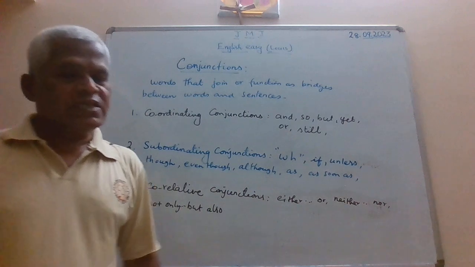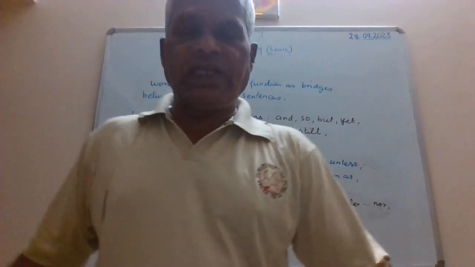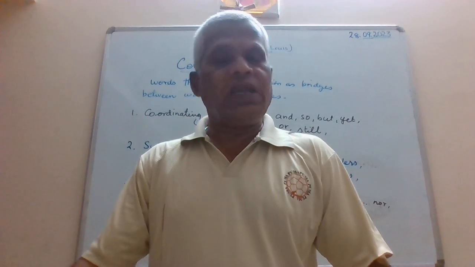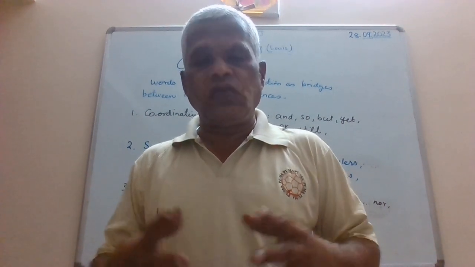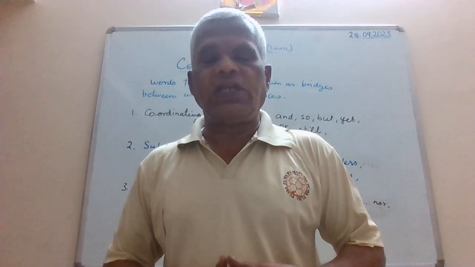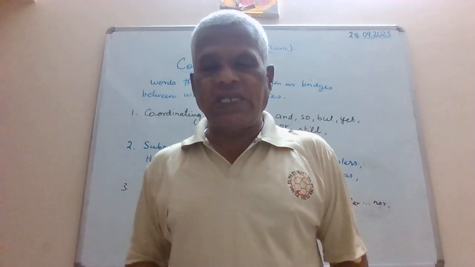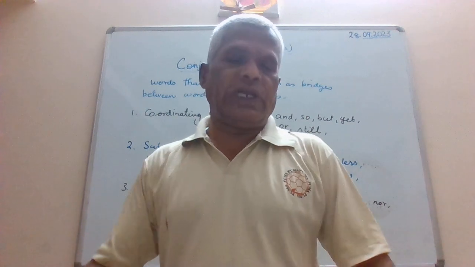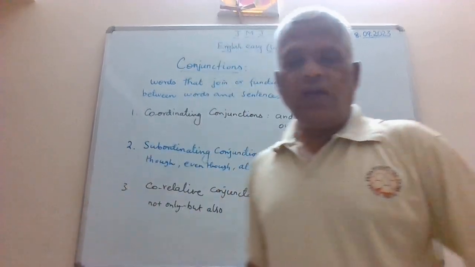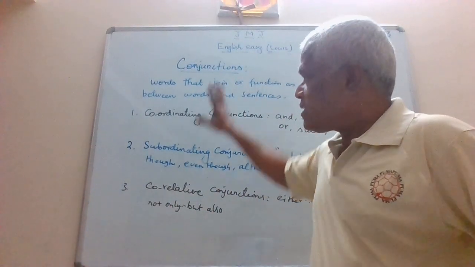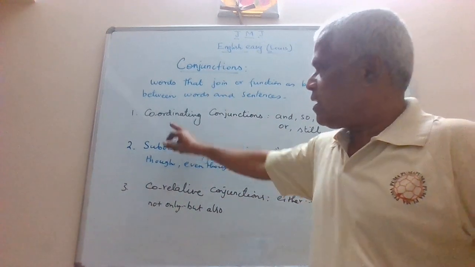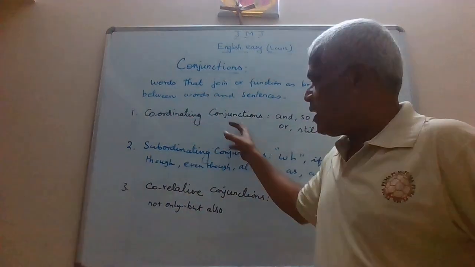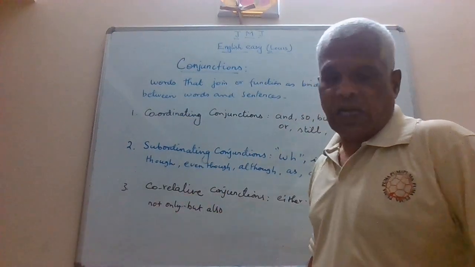So as far as conjunctions in parts of speech are concerned, they are the words that help us to understand the two words and the relationship between the two sentences correctly and appropriately. Okay, guys. Try to remember the three categories of conjunctions: coordinating, subordinating, and correlative.